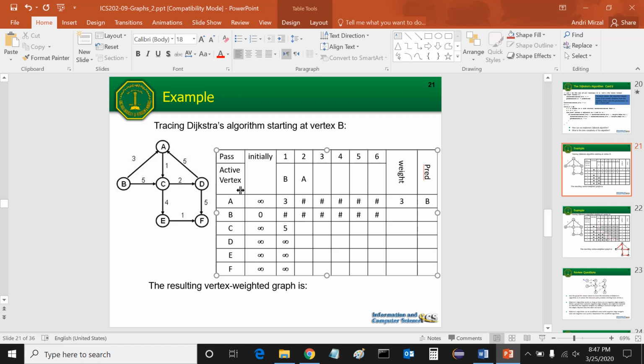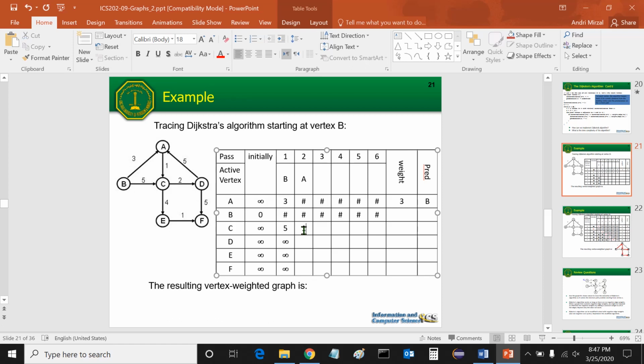That's why now we need to determine what will be the value that we need to insert for this cell. Now look at this, everyone. From A to C is 1. Okay. But actually, you cannot put 1 in this cell because the way that we insert in this table is not the way from, for example, A to C, but the way from the starting vertex to the corresponding vertex.